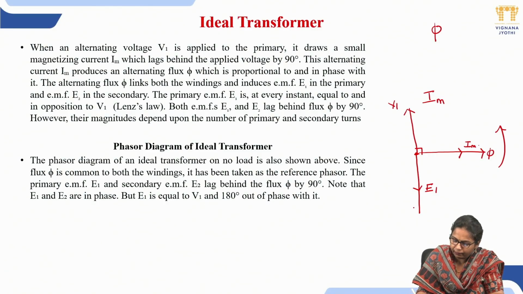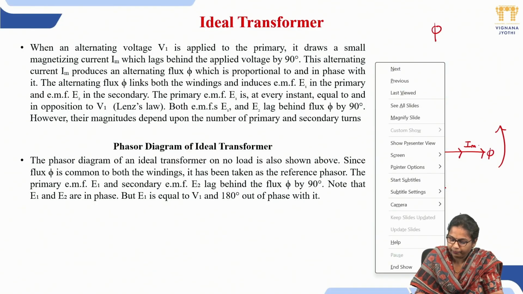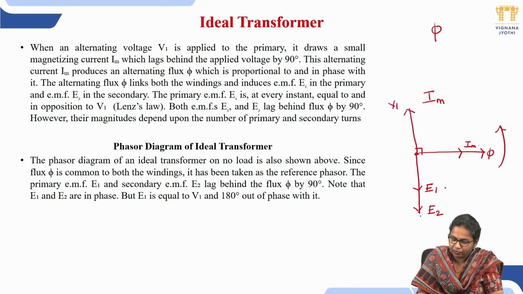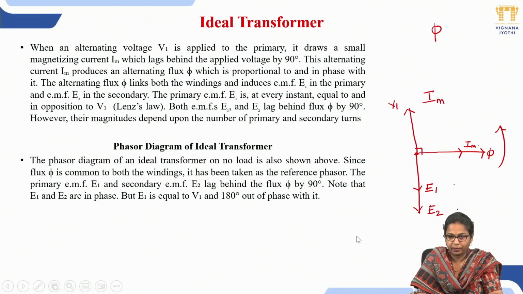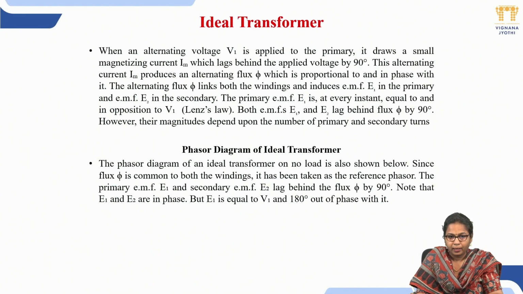Depending upon whether it is a step-up or step-down transformer, the E2 magnitude will be decided. If it is a step-up transformer, E2 is larger than E1. If it is a step-down transformer, E2 is smaller than E1. So this is how we represent an ideal transformer.